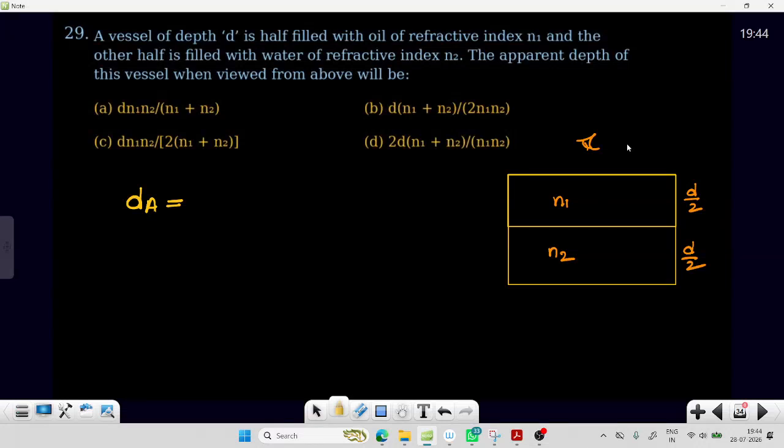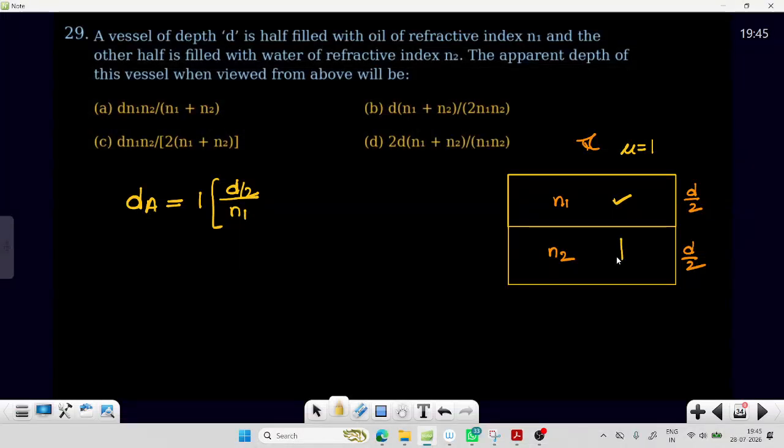So tell me now. The observing medium's refractive index is 1, not mentioned here, so take it as air only. So this is 1 into what? How much is this distance? D by 2, sir. So d by 2 by the refractive index of that medium, that is n1.